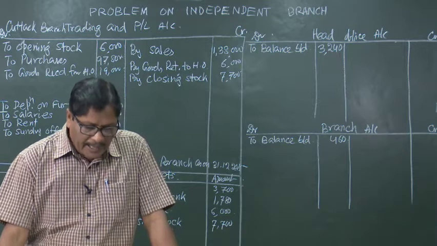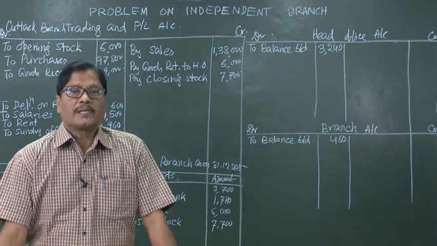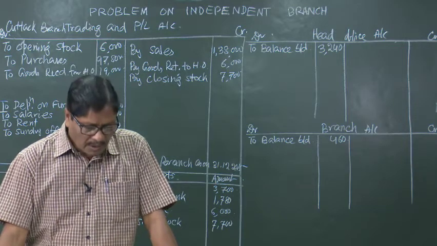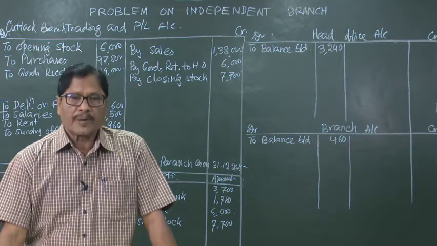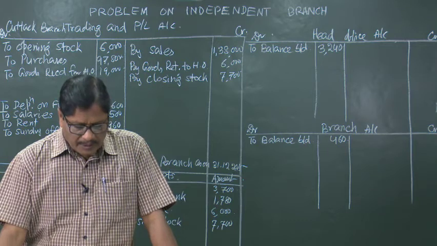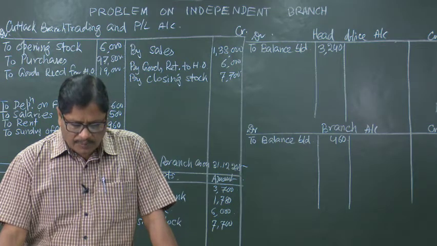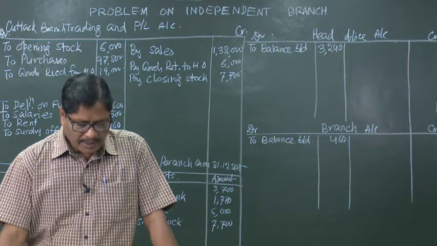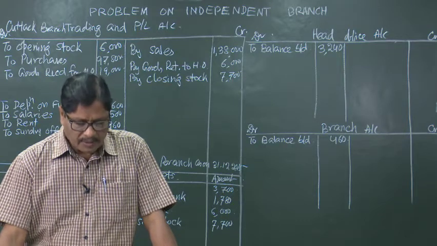On 28th December, that means 3 days before 31st December, when we are going to close the accounts, the head office forwarded goods of the value of 3,700 to the branch, where they were received on 3rd January 2016.